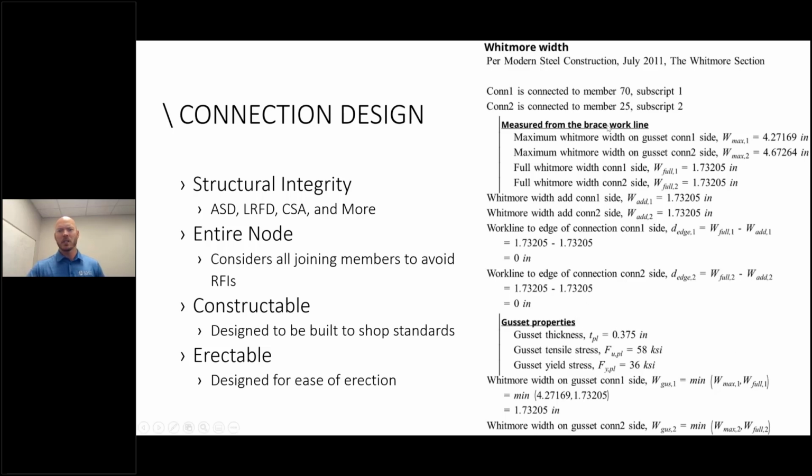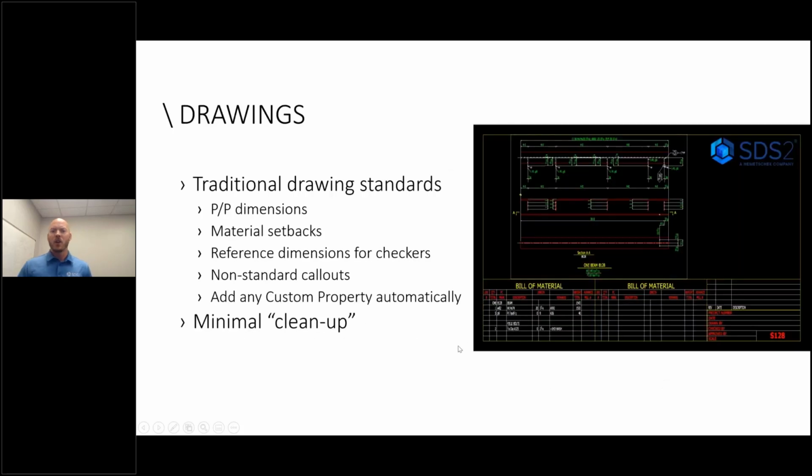And here's just a small sampling on the right here, taken from our design calculation report that I threw on there. And then drawings. You can see a sample there on the right, pretty basic, a sheet outline with a shop drawing on there. But you're going to see, again, traditional drawing standards on here, things like your point-to-point dimensions and your material setbacks and reference dimensions for the checkers and callouts.